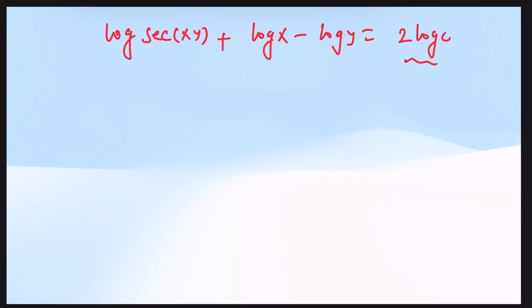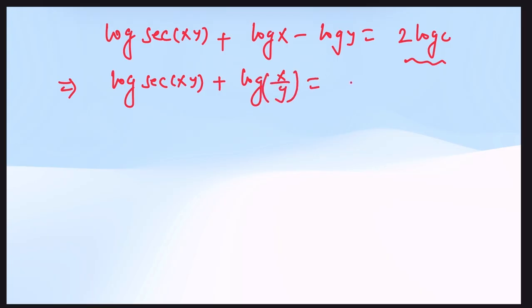This is also a constant, so we can write log sec xy plus log x by y equal to another constant, c dash. So here we can write log of xy into sec xy equal to c dash.